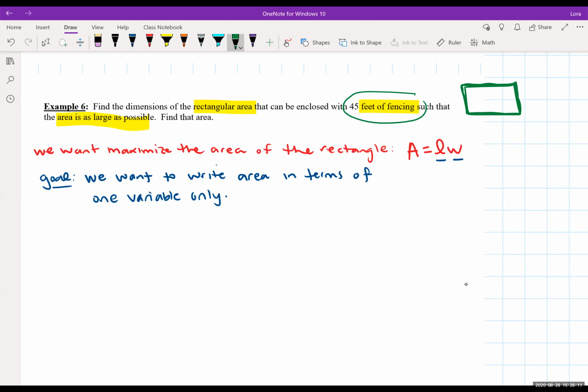And so we are going to use this fancier formula. We're going to use the idea of fencing to actually mean, I bet you guessed it already, perimeter. That might help us relate the two variables, length with width.